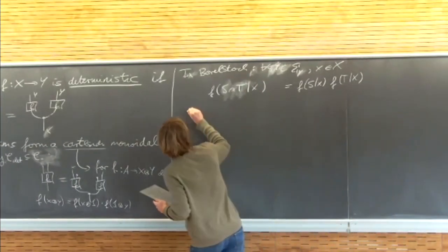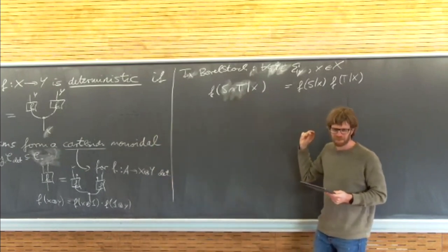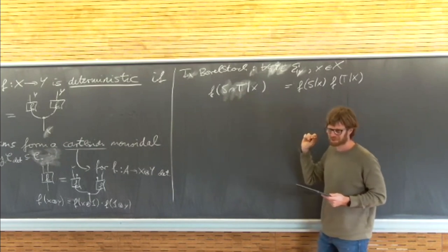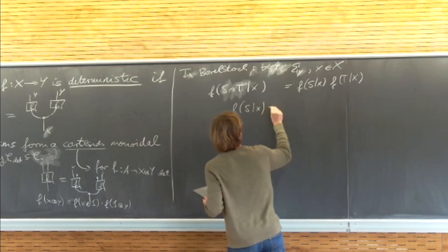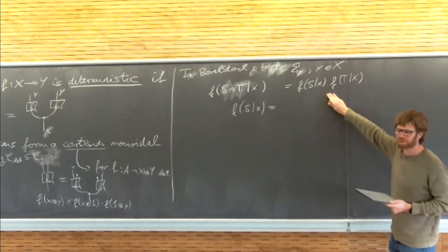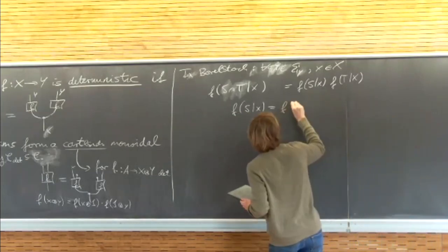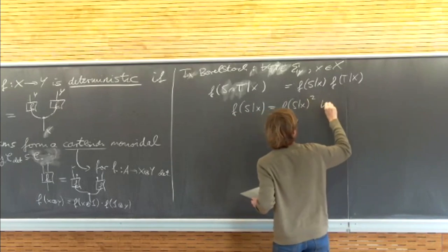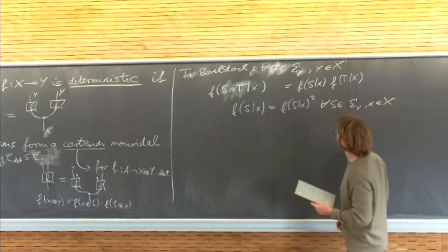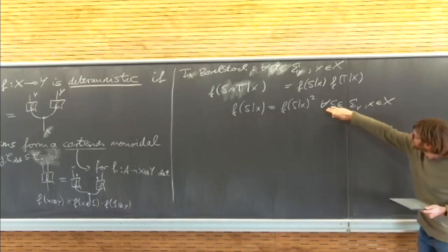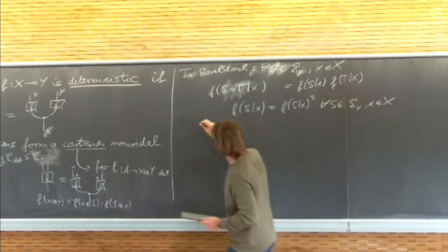So in particular, if we take S and T to be equal, then we can see something interesting. Then we got f of S given x should be equal to f of S given x squared, right? So this is a consequence. But in fact, it goes both ways. So this is an equivalent formulation of the condition.